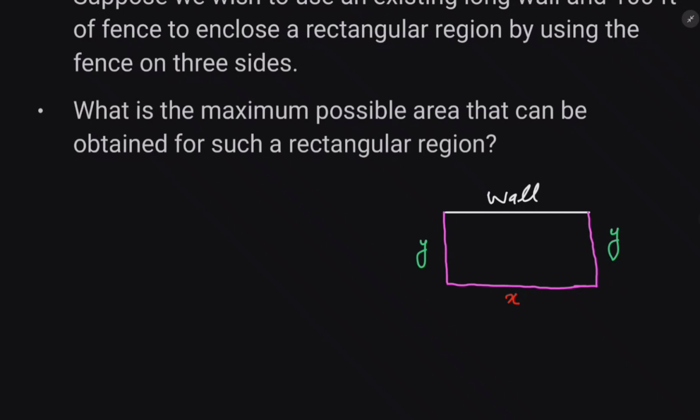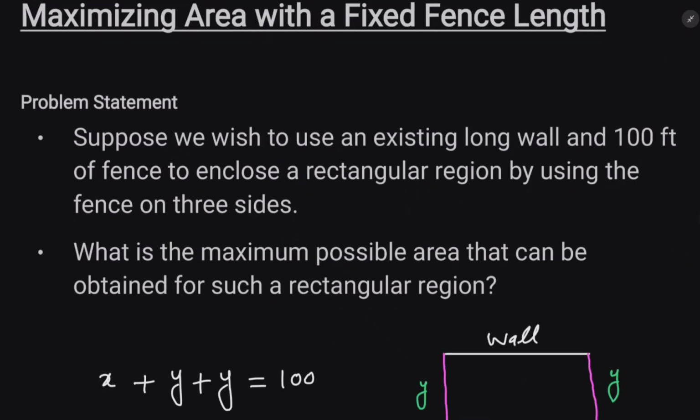So according to the question, the sum of these three sides, x plus y plus y, is equal to 100 feet. That is what is given in this question: 100 feet of fence to enclose a rectangular region.